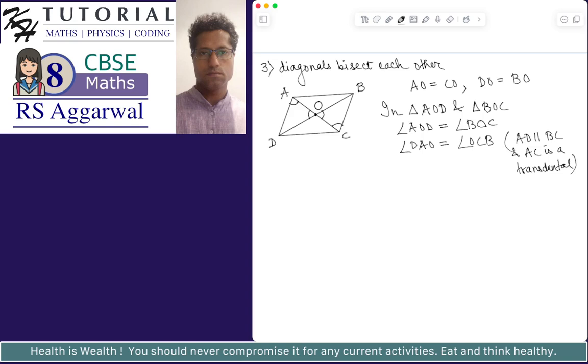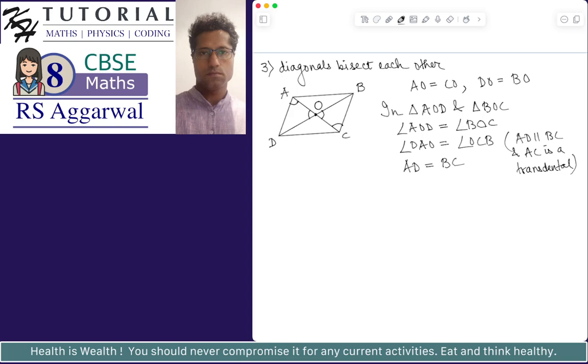So we also have the sides AD is equal to BC, because we know that, no, we cannot assume that to prove that the diagonals bisect each other.